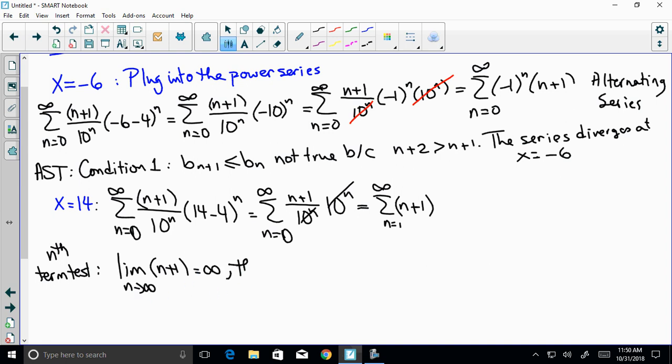So the series diverges at x equals 14. So all this work needs to be done for me to find the interval of convergence.